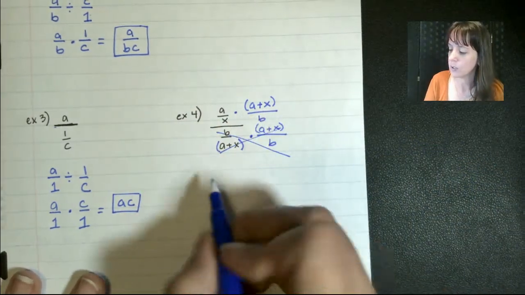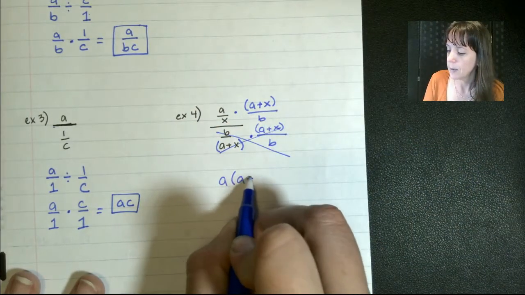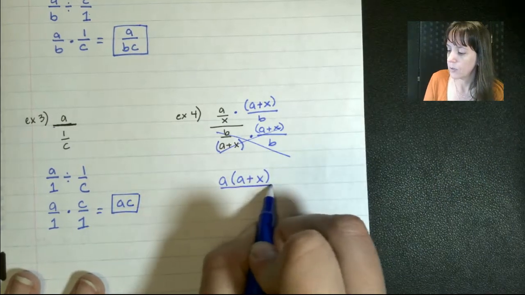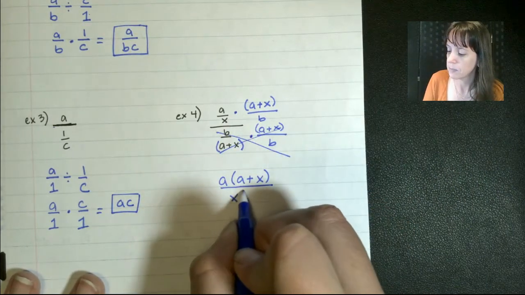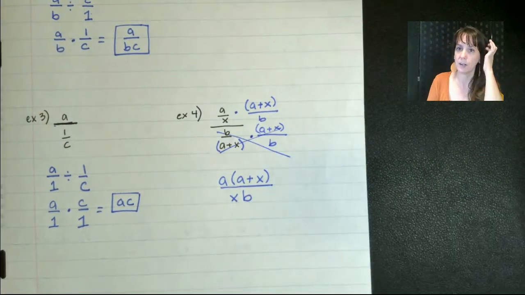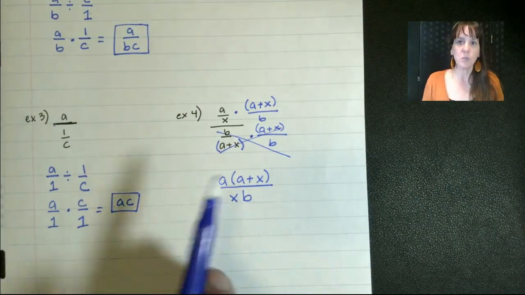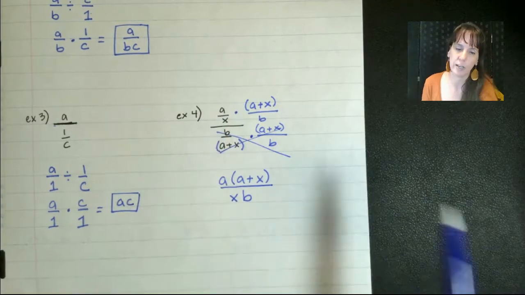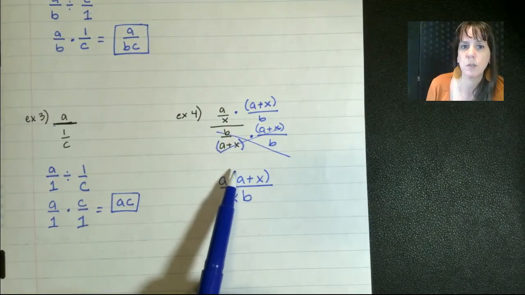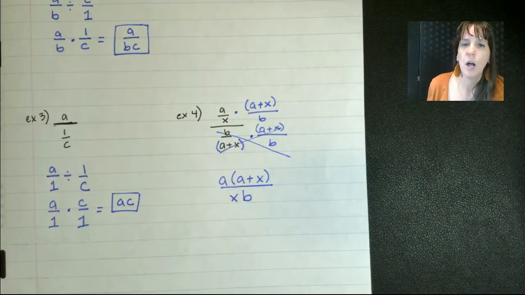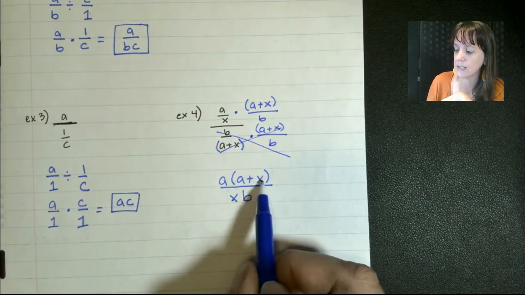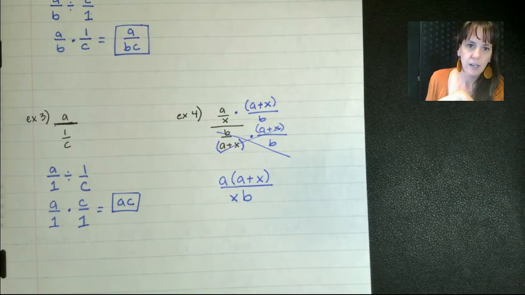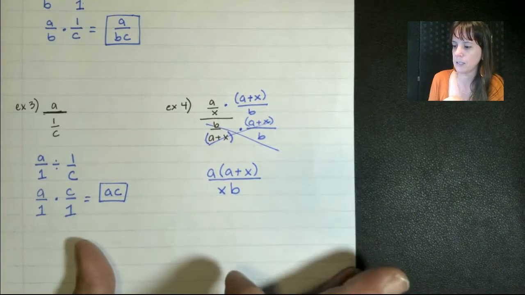If I multiply straight across the top, I get a plus x over x times b, which would give me xb, or bx, it doesn't matter, either order. Now, this is why I say to protect your addition and subtraction, because what you could do is distribute this to here and to here, but I also use those parentheses for protection so you don't accidentally cancel out this x here, because you've got to factor things out before you can cancel them out.